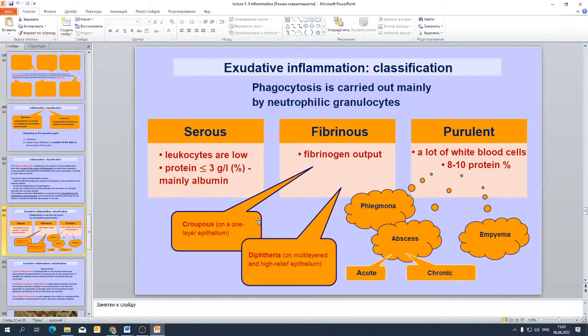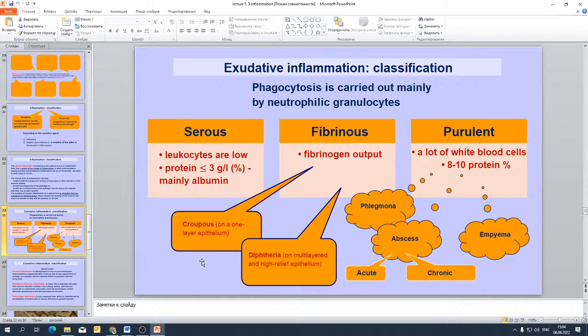For example, in the heart we discussed fibrinous pericarditis. Then diphtheritic inflammation, where a layer of fibrin forms, for example, in multi-layered epithelium and high relief epithelium. And then I am showing a picture with croupous inflammation. Fibrinous inflammation may form in different organs, for example, in the lungs, croupous pneumonia.